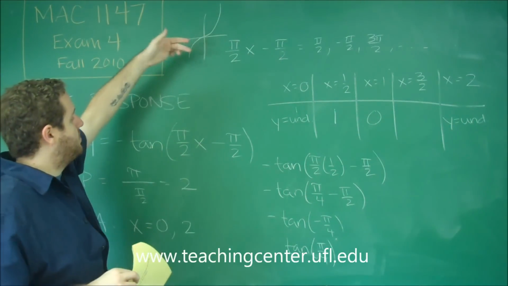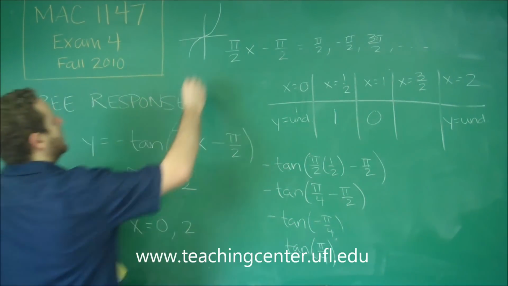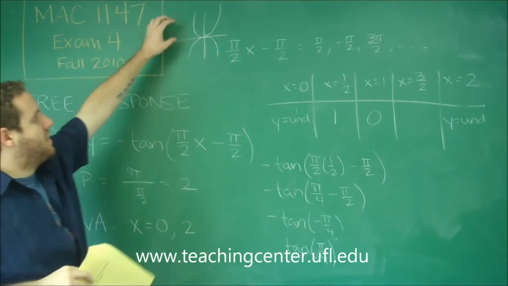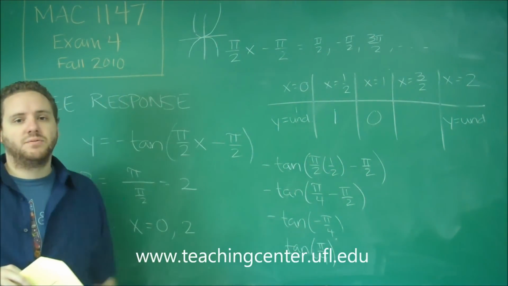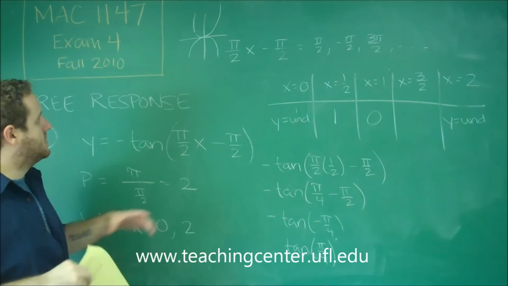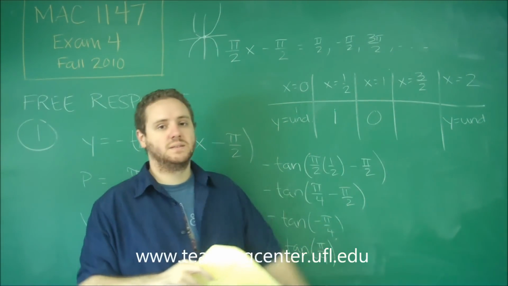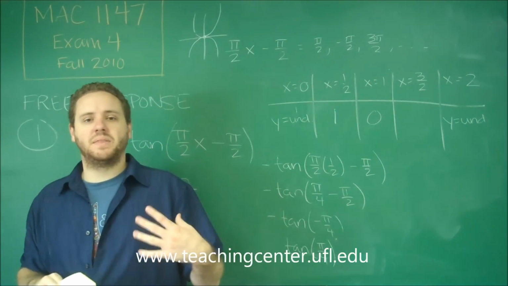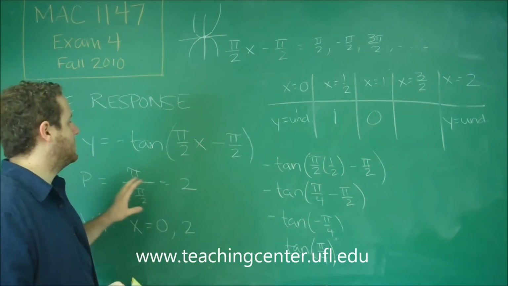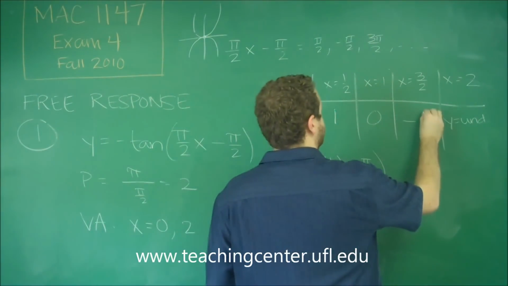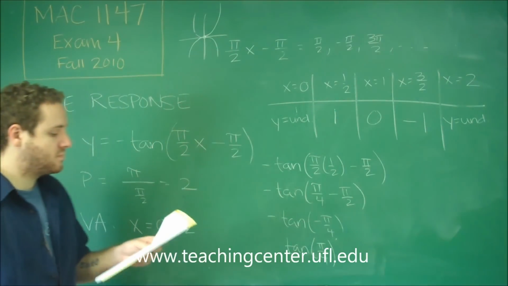And even if you flipped it upside down like we have here, still, everything that happens on this side is upside down for the other side. 0 was right in the middle, so that is why that's in the middle. So by thinking about it like that, you can save yourself some work and not have to plug in 3/2 and do this whole process again. This is going to have to be -1.